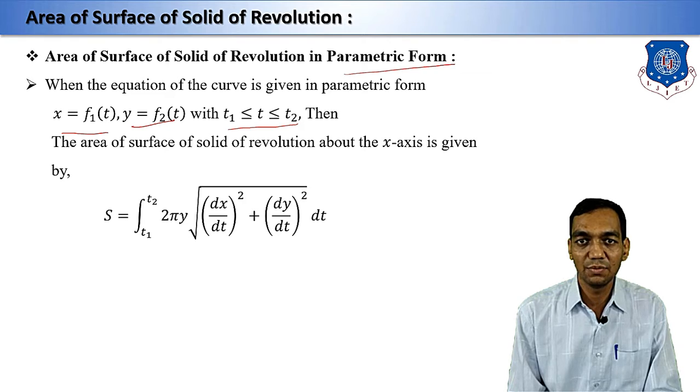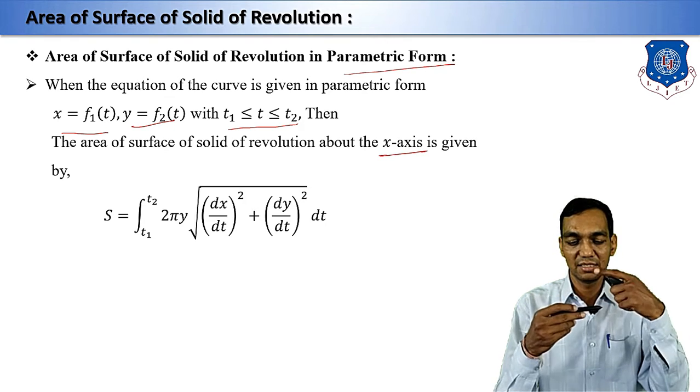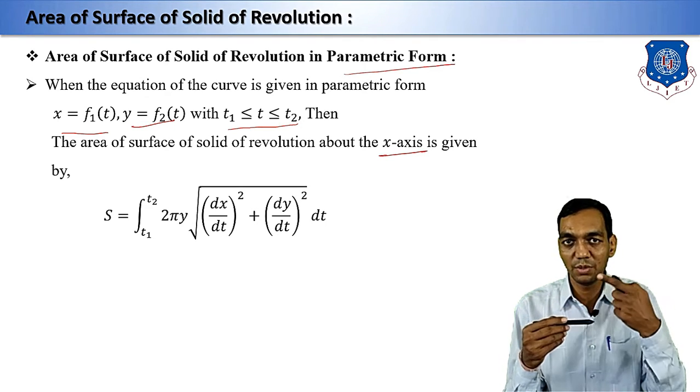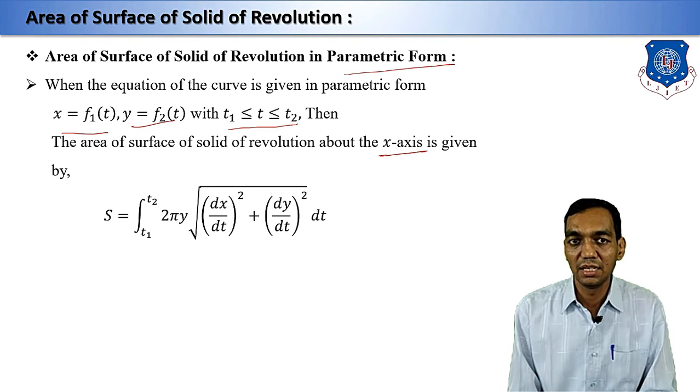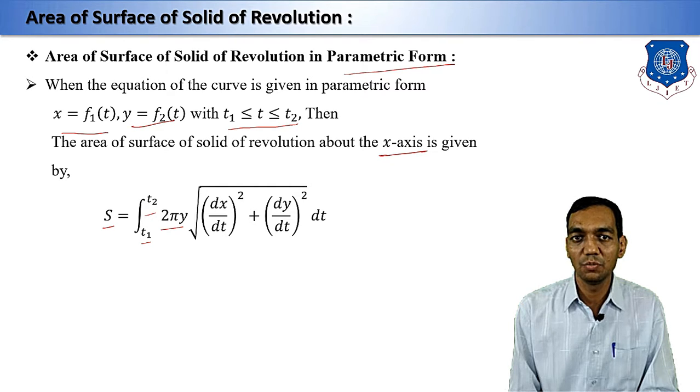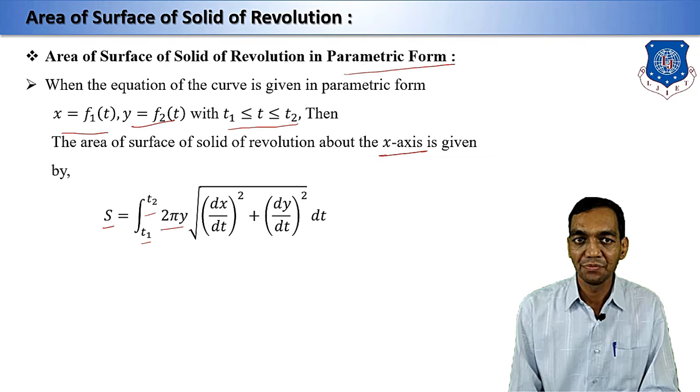Then the surface area of a solid of revolution about the x-axis. That means if you are going to rotate about the x-axis, then the surface area is given by S is equal to the integration from t1 to t2 of 2 pi y under root of (dx by dt) the whole square plus (dy by dt) the whole square, into dt.